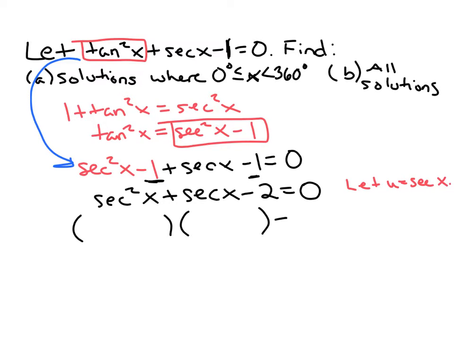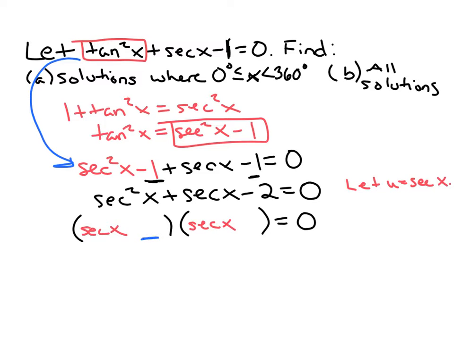If this were x squared plus x minus 2, I would put an x here and an x here to start out. Since I have secant squared, I'm going to put a secant x here and a secant x here.